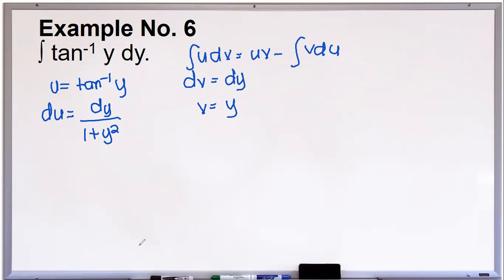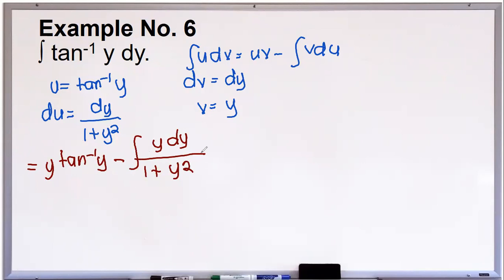Okay, let's apply the formula. So u times v, so that will become y arctan of y minus integral of y times dy, so magiging y dy over 1 plus y squared. Okay? So ngayon meron tayong i-check.